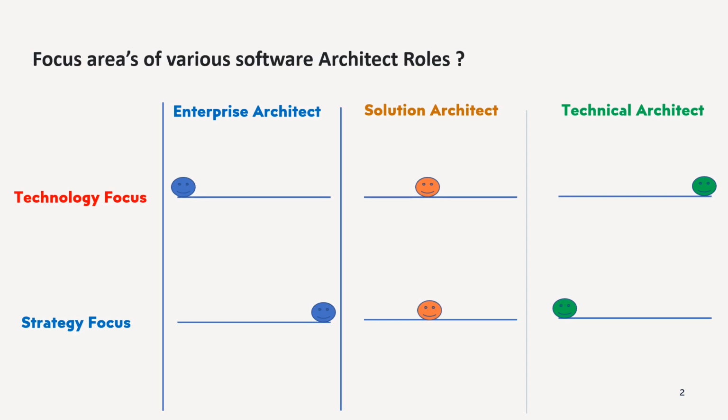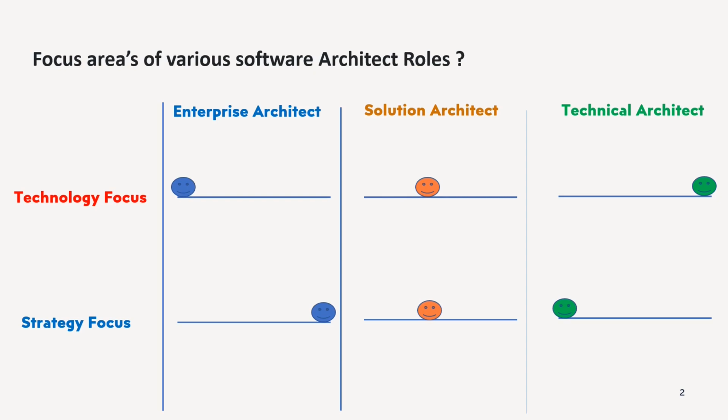Above that there is a technical person, a technical architect, who is going to oversee how the dev teams are performing their job, how they are implementing it, and making sure that all technical guidelines are being followed properly. So I think now it is clear which role has focused on technology, which role has focused on strategy, and which role is trying to balance between these two focus areas.